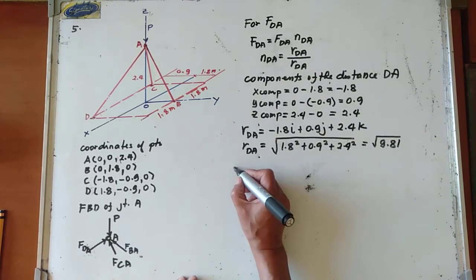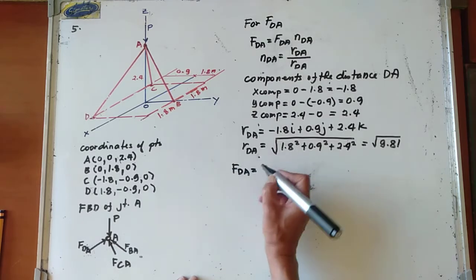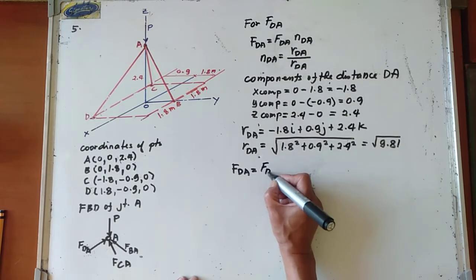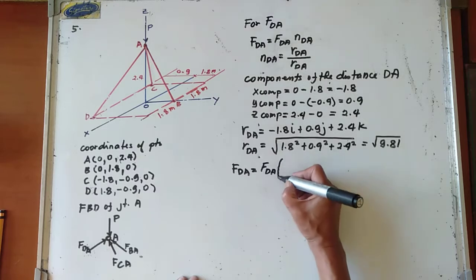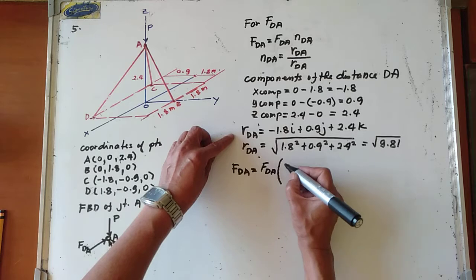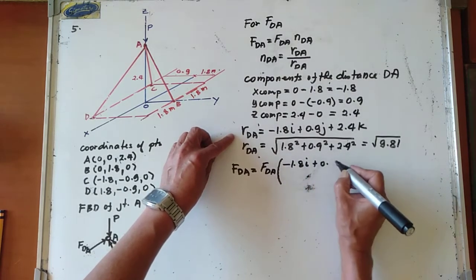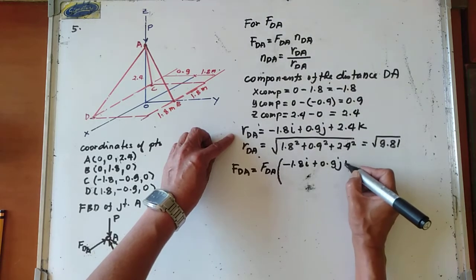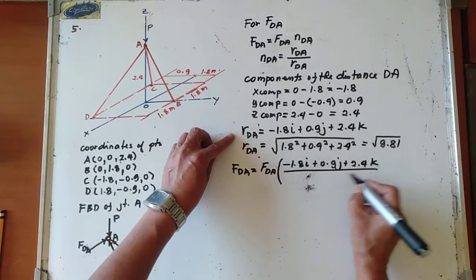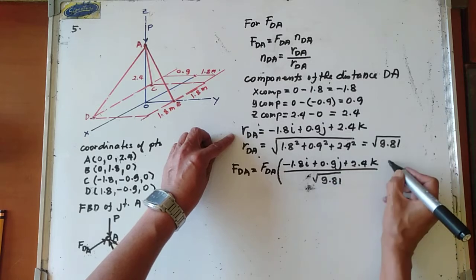So, your FDA, again in Cartesian vector form, is now its magnitude times a unit vector dA. So we have minus 1.8i plus 0.9j plus 2.4k all over the square root of 9.81.